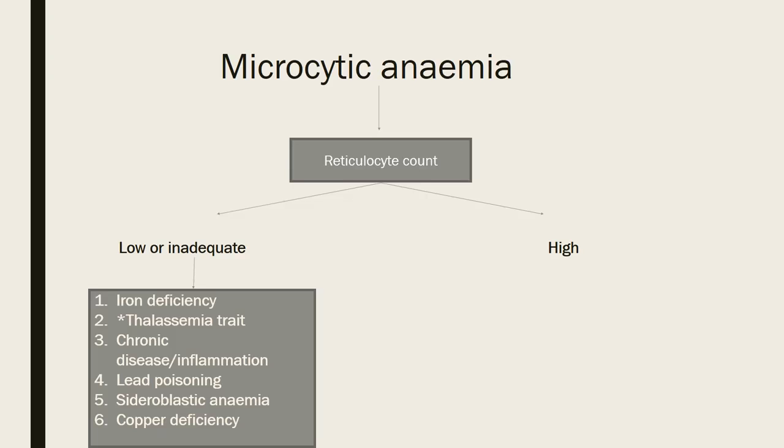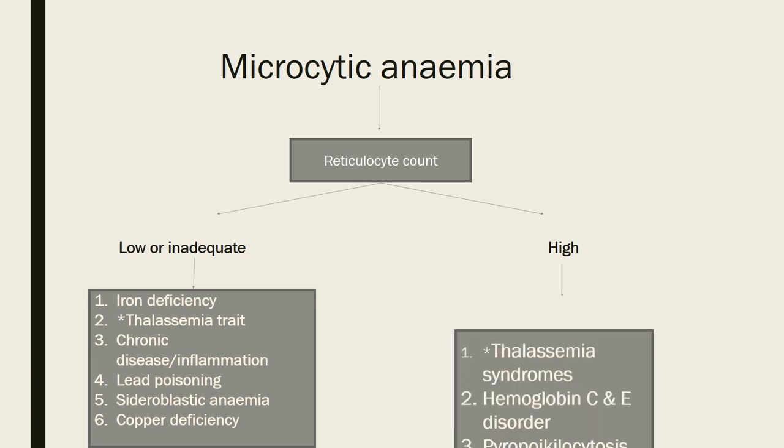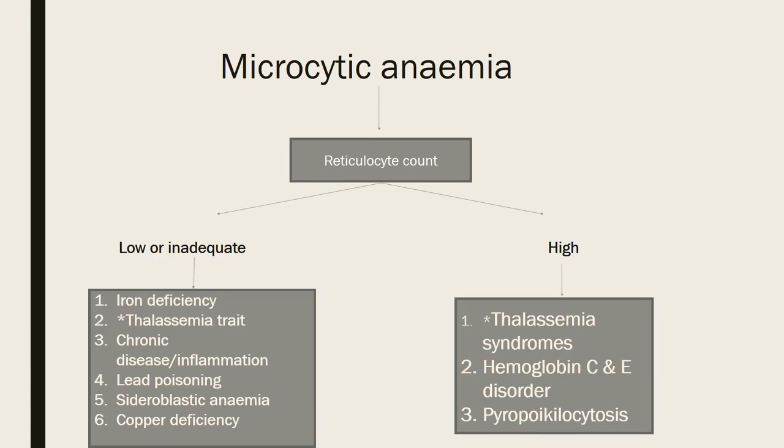If there is microcytic anemia with increased reticulocyte count, then you have to rule out thalassemia syndromes, hemoglobin C and E disorders, pyropoikilocytosis. So after RBC indices, we have to go for reticulocyte count. And the second thing is we have to calculate the RPI, reticulocyte production index.